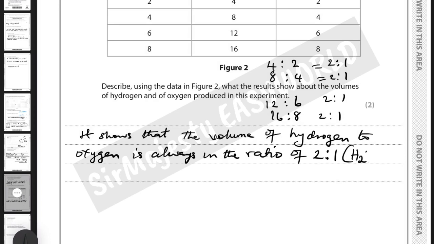Remember, they are just trying to prove this formula, which is H2O, and the apparatus used to conduct this experiment is actually the Hoffman voltameter, though they didn't ask us that. The Hoffman voltameter, we might come across them when we treat further questions.